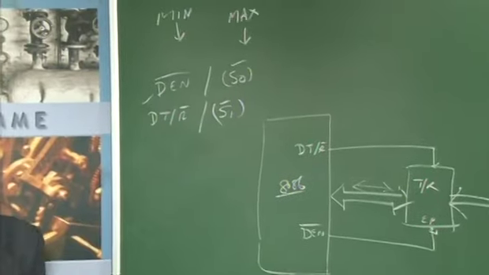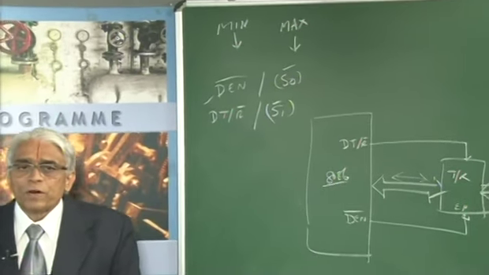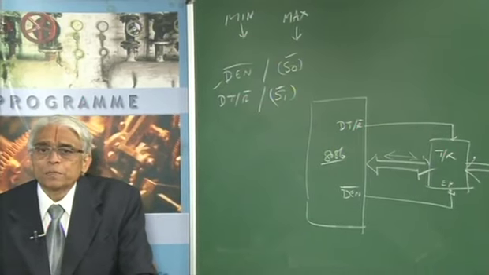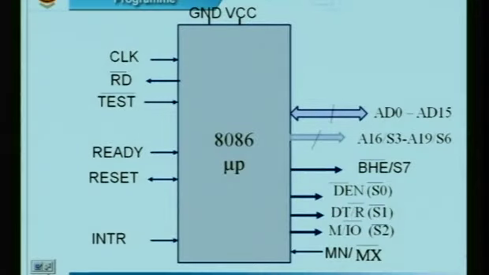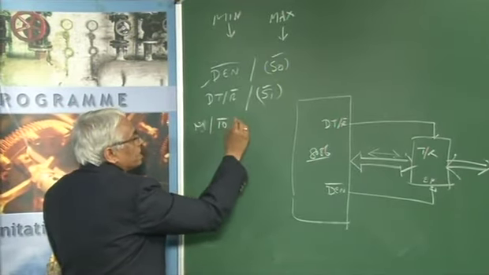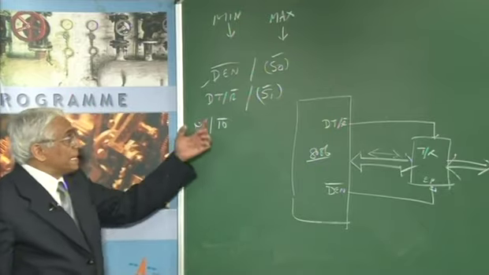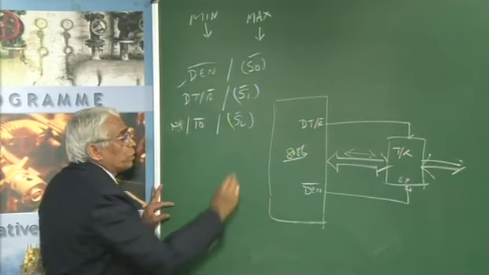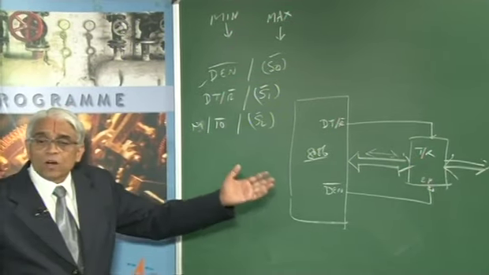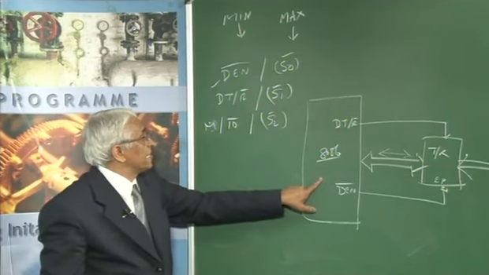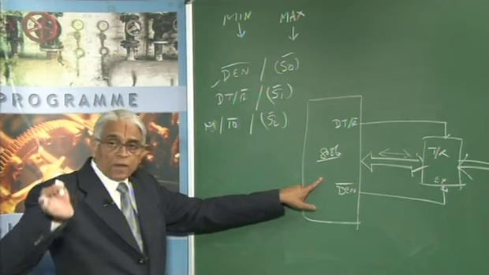So, let us look into the other signals for the operation of the 8086 microprocessor. The next one is the memory or IO device signal, M/IO bar. This is a signal which is used to differentiate between a memory device and an IO device. Whenever this signal is low, it says that it is interacting with an IO device.